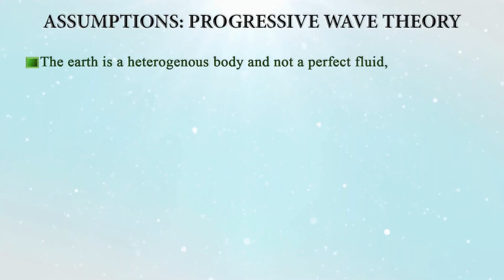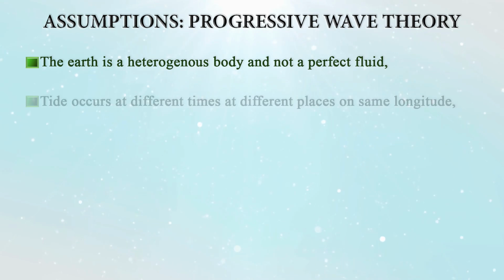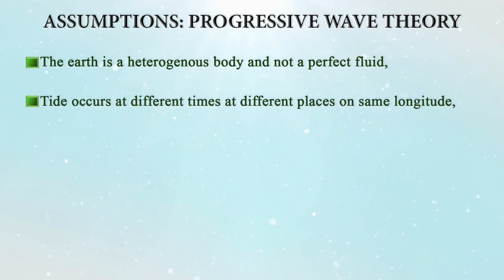Now let us explain what assumptions were taken by this progressive wave theory: that the earth is a heterogeneous body and is not a perfect fluid, and tide occurs at different times and at different places on the same longitude.